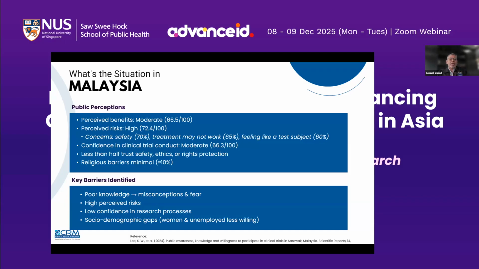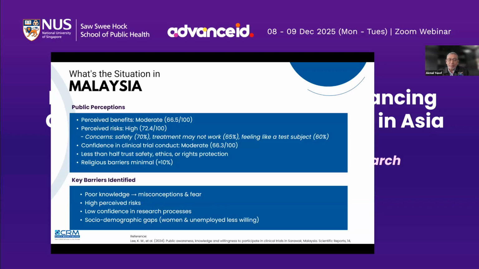Now, looking at this, what we can sum up in terms of the key barriers, I think there is still a lot of misconception and fear about enrolling in clinical research, in particular when clinical research is not an easy subject to communicate. The subject itself is very dry. So there is a lack of knowledge on this.